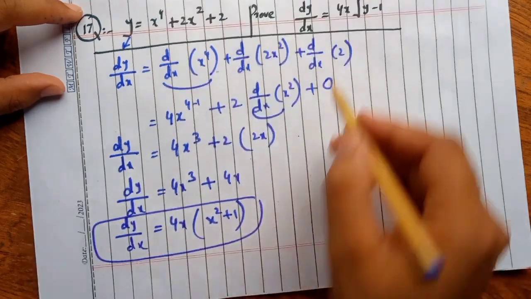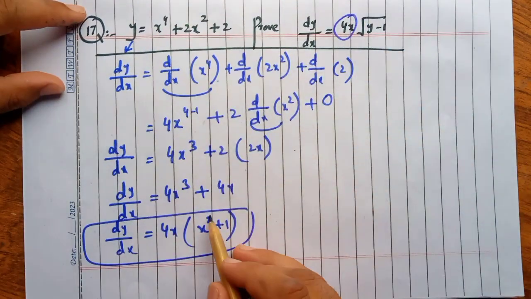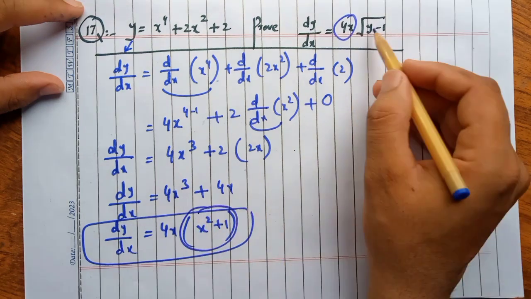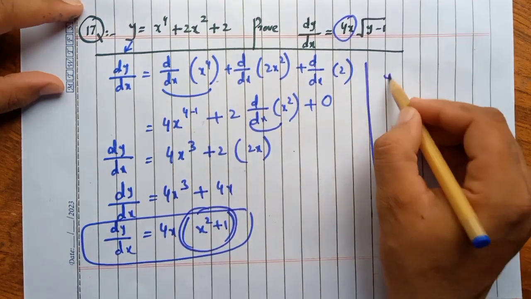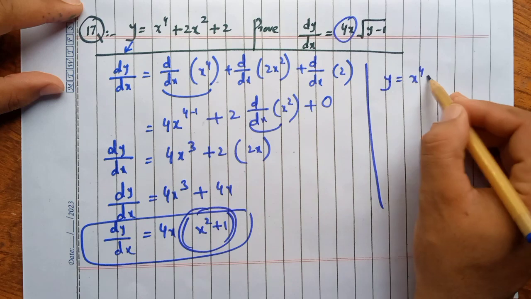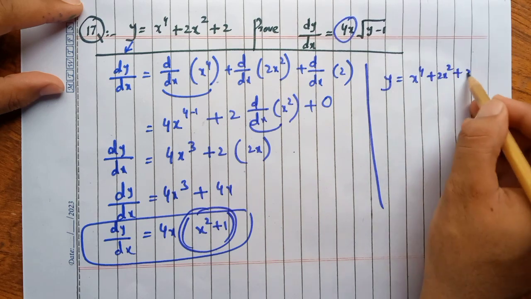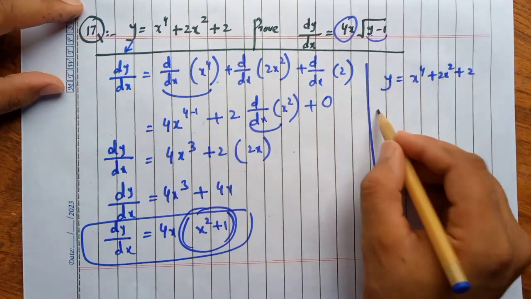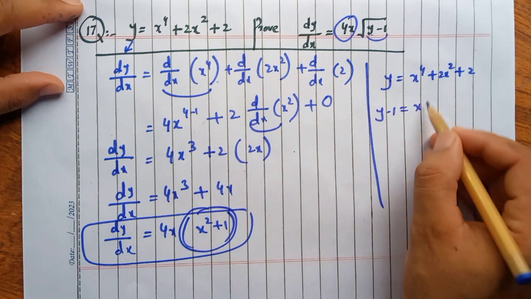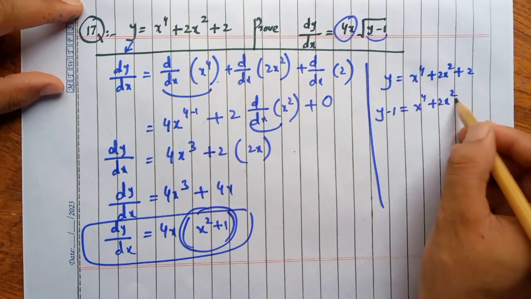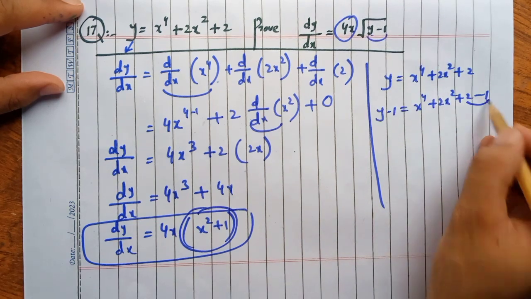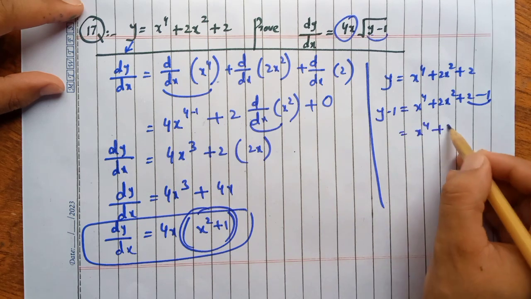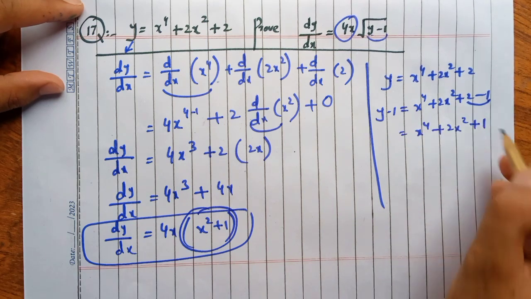So this is the proof, and we will convert this expression into the y form. We know that y is equal to x raised to the power 4 plus 2x squared plus 2. So take minus 1 from both sides: y minus 1 is equal to x raised to the power 4 plus 2x squared plus 2 minus 1. So 2 minus 1 will be 1, giving x raised to the power 4 plus 2x squared plus 1.